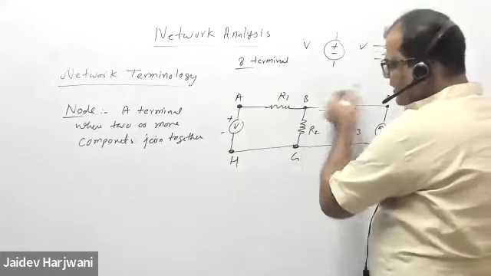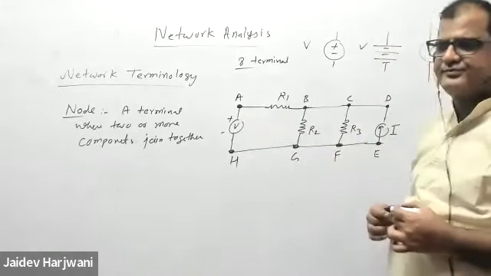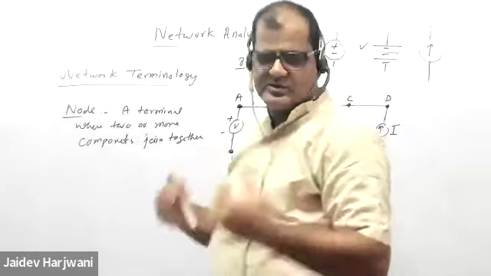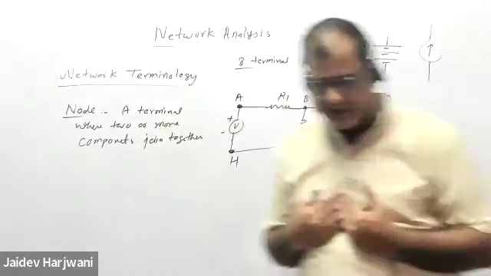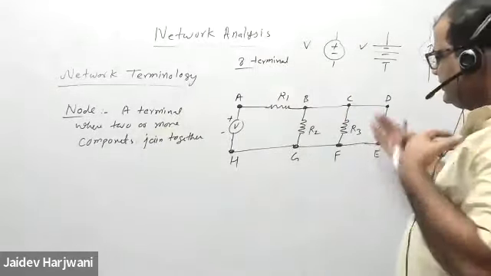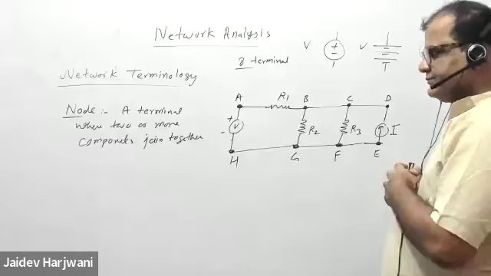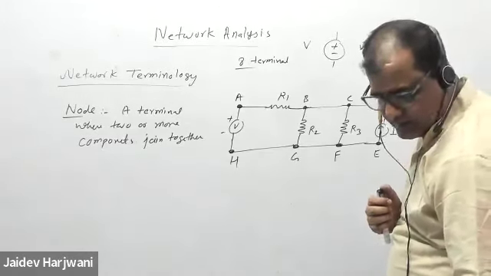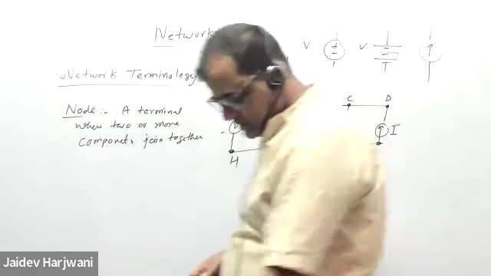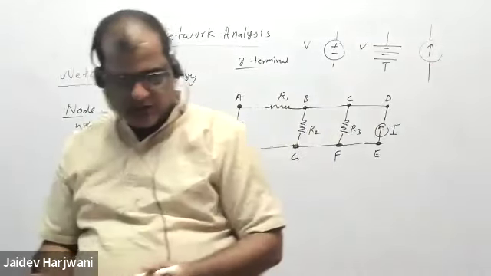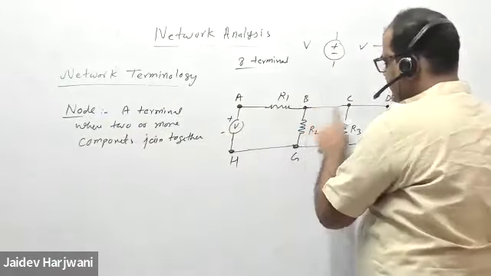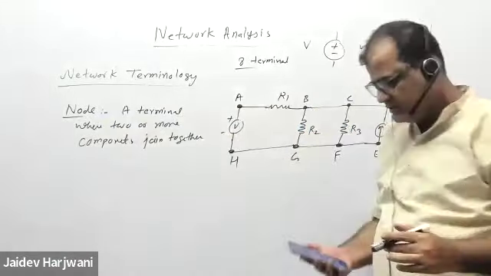Now tell me how many nodes are there in the circuit? Can anyone tell me, how many nodes are there inside this? How many nodes are there in this network? Count. Tell me how many terminals qualify this definition?